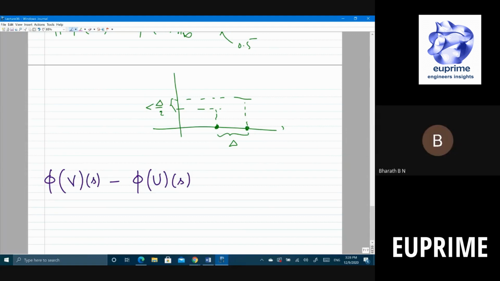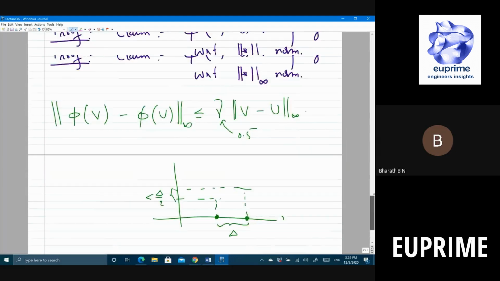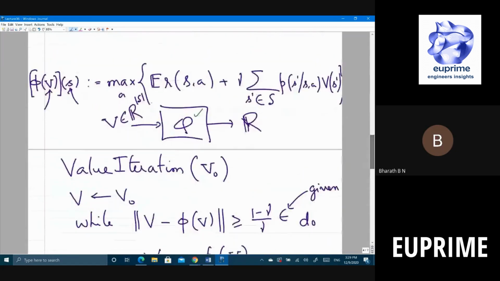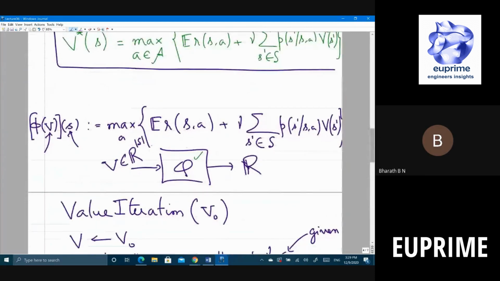Okay, let me clarify that. I think I made a mistake here. What I meant was, for a given s, this is a number. In goes v, out comes a vector actually. So phi of v of s is a number.